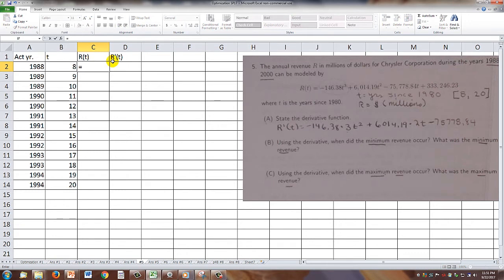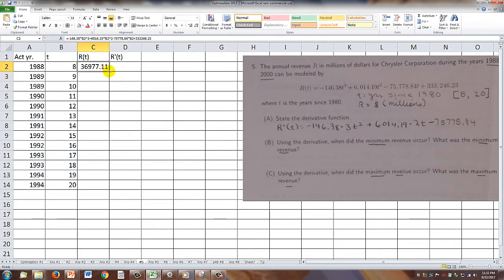Okay, so we'll type in the revenue function. It's cubic. Lots of decimals, so I'm definitely going to check this before I hit enter. I'm just modeling that for you because I don't want you to have any typos. Okay, it looks good.